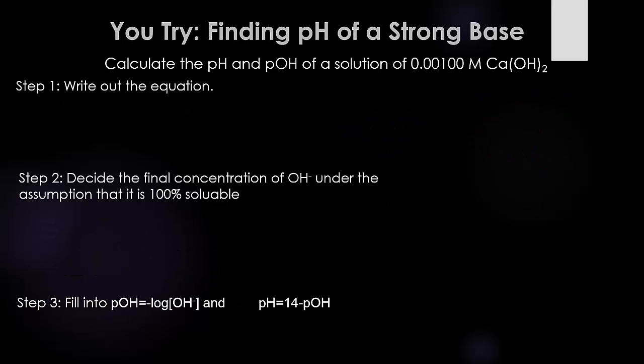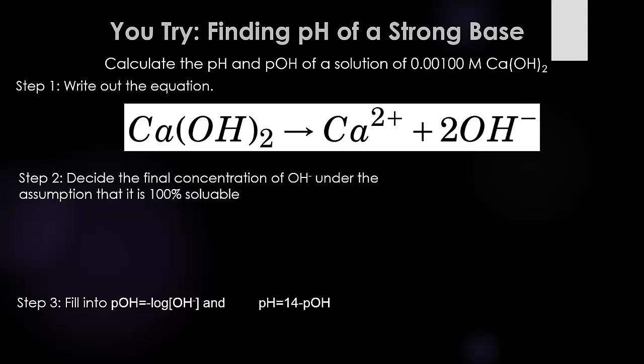Let's do one last example with a base made from the group 2 cations. In order to balance the charges, calcium hydroxide must have 2 hydroxides for every calcium ion. When we write this out in the equation form, we need to account for that by adding a 2 in front of the OH-.